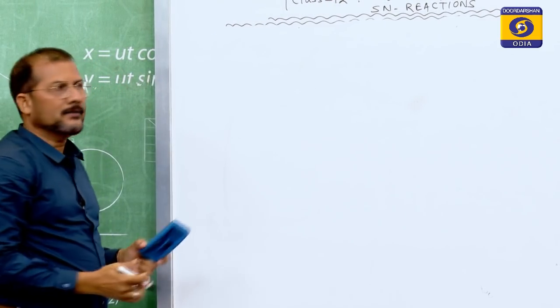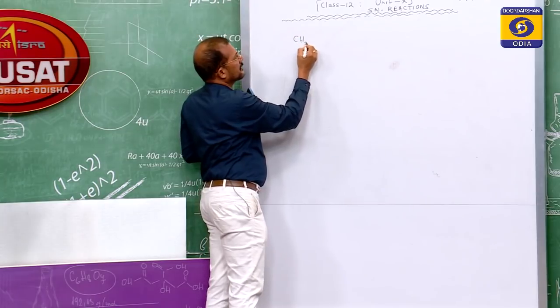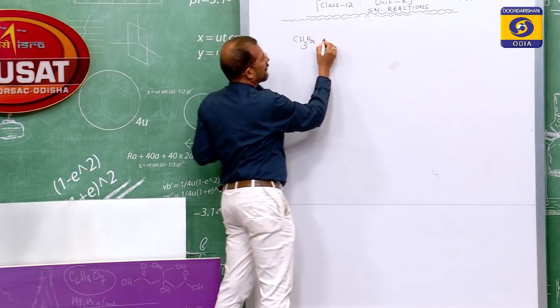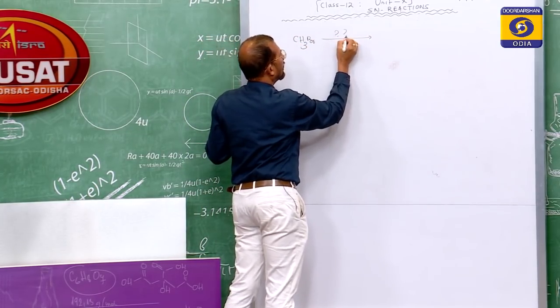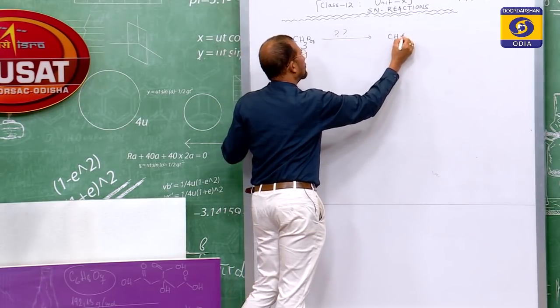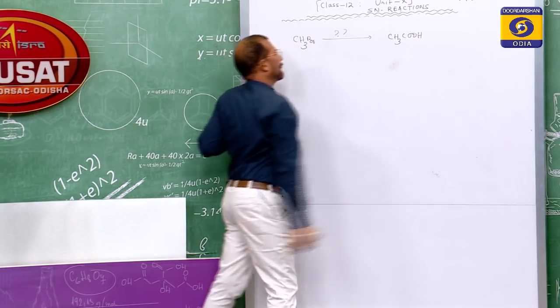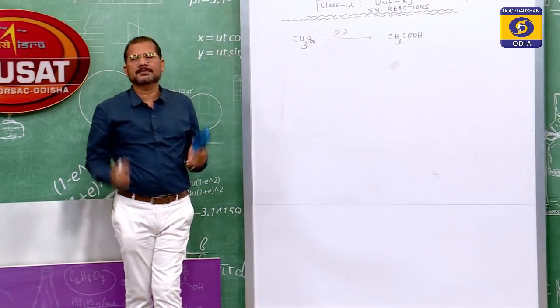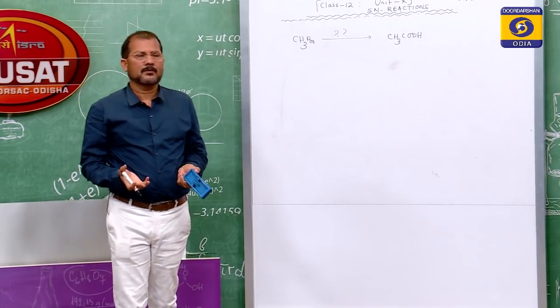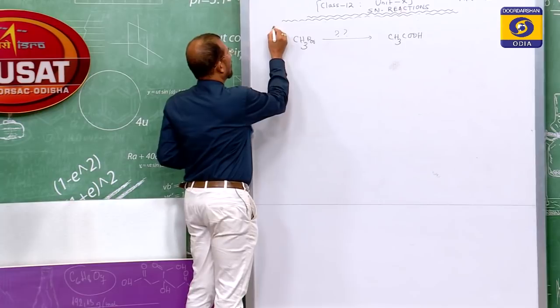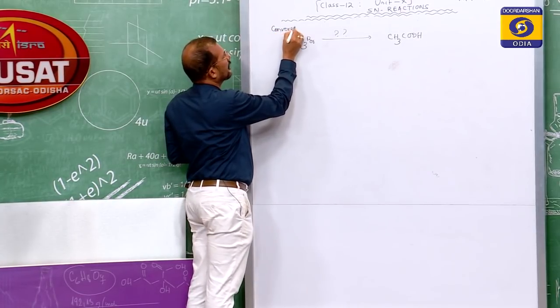Suppose I want to discuss this reaction: how can CH3Br be converted into acetic acid? What should be given here so that it will be converted into this?